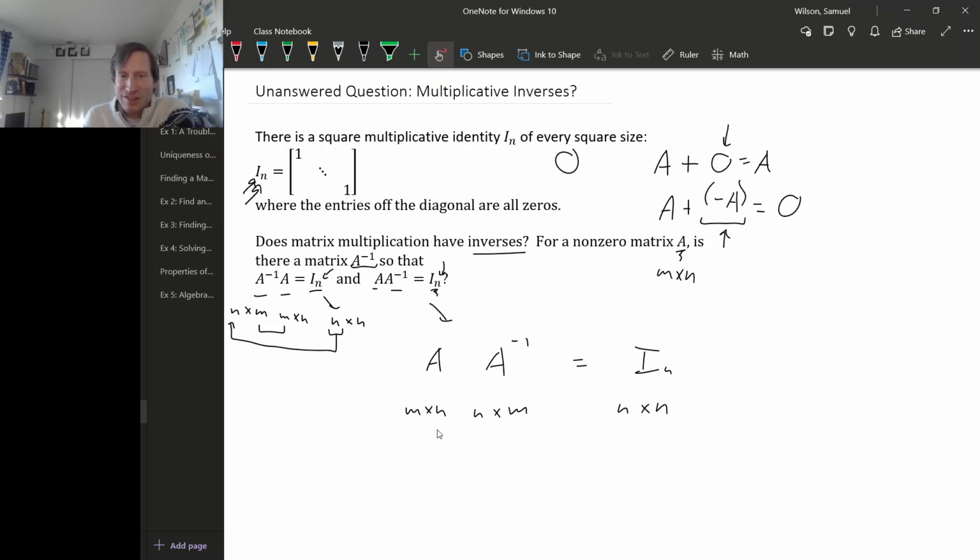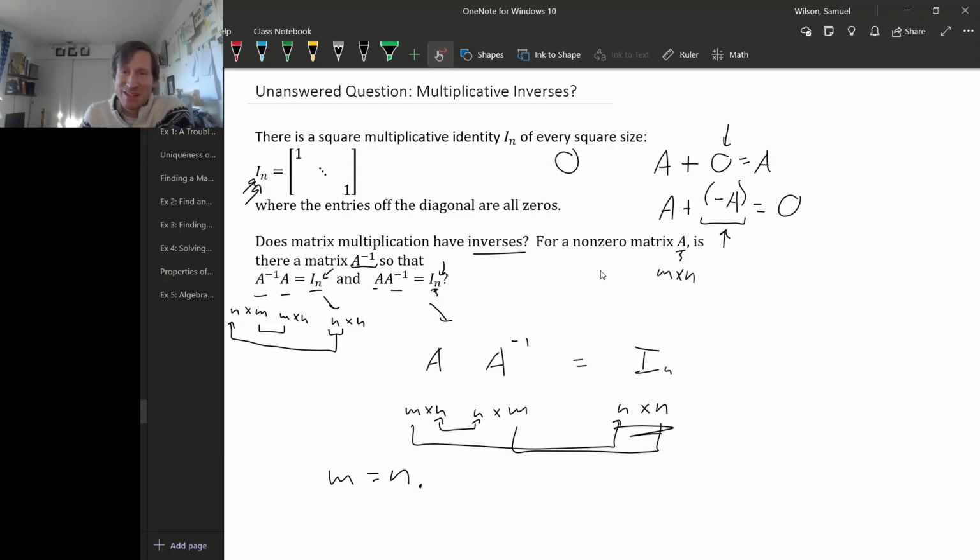Well, now this shows us these n's match already, so the product is defined, but comparing the sizes on the left to the sizes on the right, we see that m actually has to be the same as n. So for a matrix to have an inverse, it has to be square. For non-square matrices, you can't have an inverse.